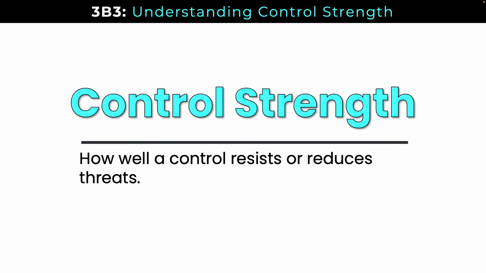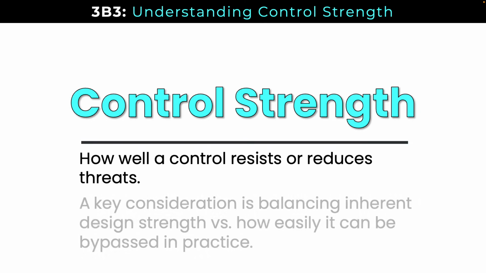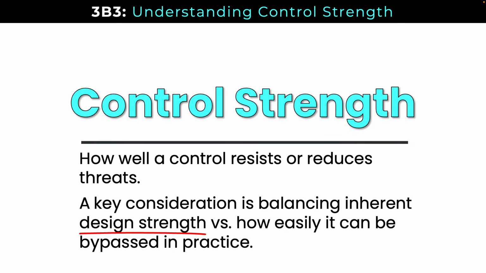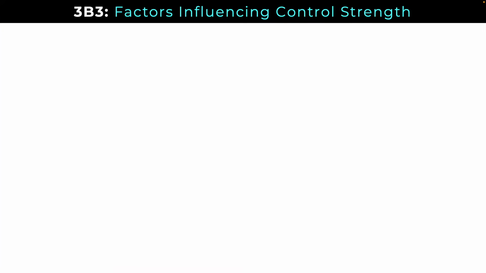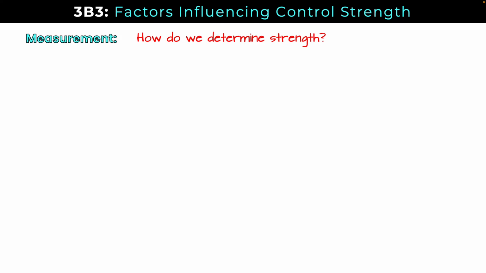But control strength speaks to how well a control resists or reduces threats. A key consideration is balancing inherent design strength with how easily a control can be bypassed in practice. So let's take a look at factors that influence the strength of our controls and how we measure that strength. So how do we determine the strength of a control?